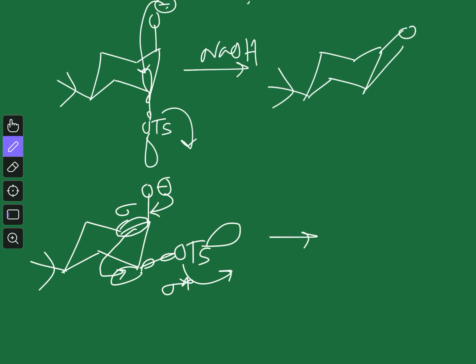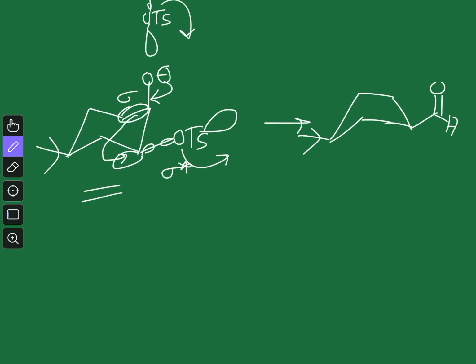So from here we will get this molecule, and here you can see we will get this aldehyde, right? So we will have a ring contraction. So when the OTS is equatorial, we will get ring contraction.